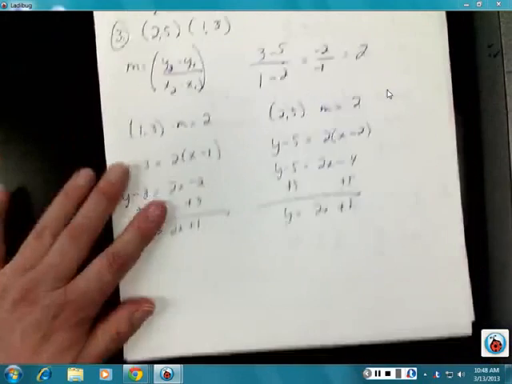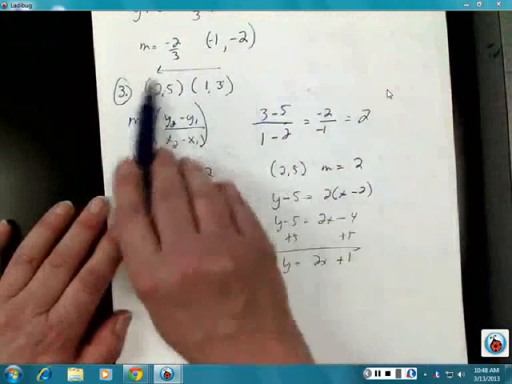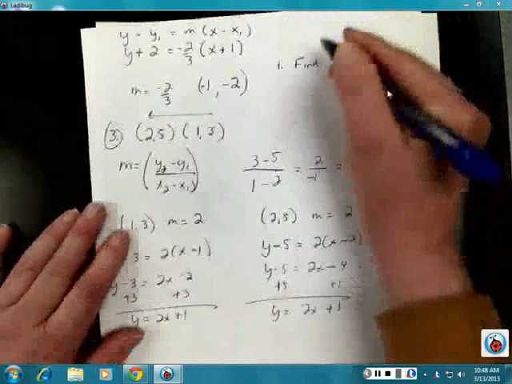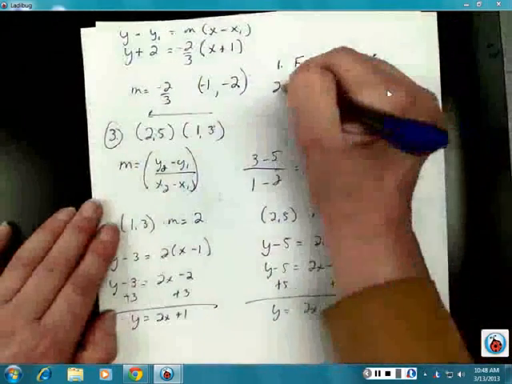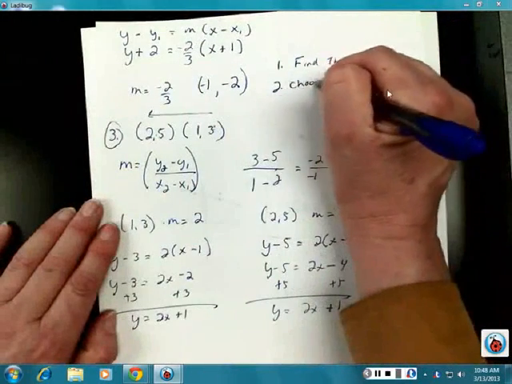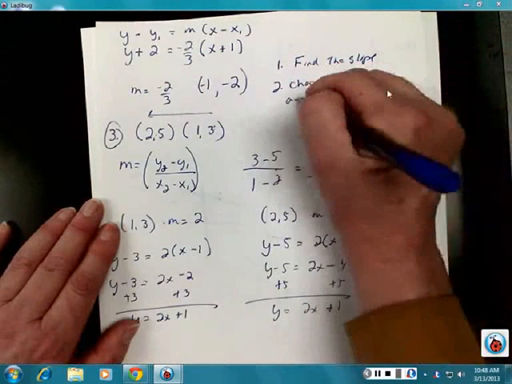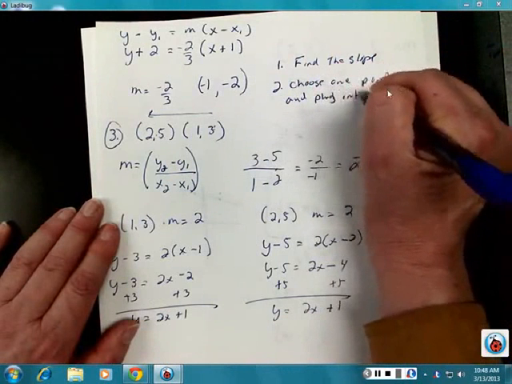So what did we do on this one? We're given two points. I first had to find the slope. So I found my slope. Step 2, choose 1 point and plug into the point slope formula.